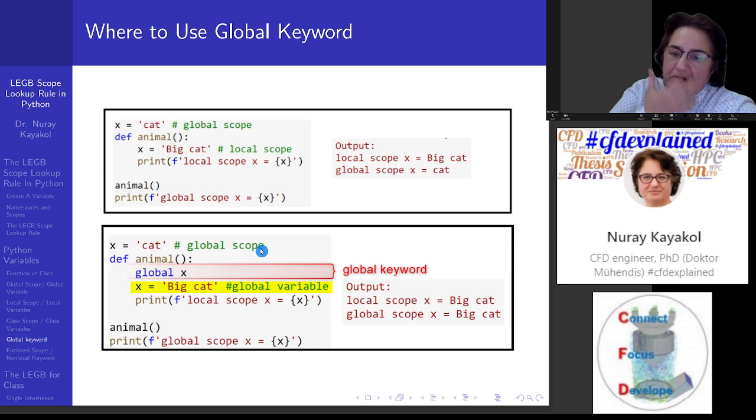So you need to be very careful when you use this global keyword. On the top, you see both local and global scope. The value of x is different, but when you modify and give a new name, the global variable inside of the animal function and outside will be the same.